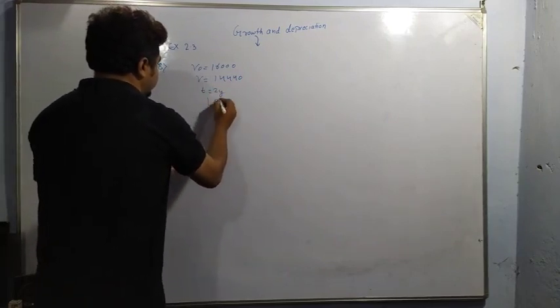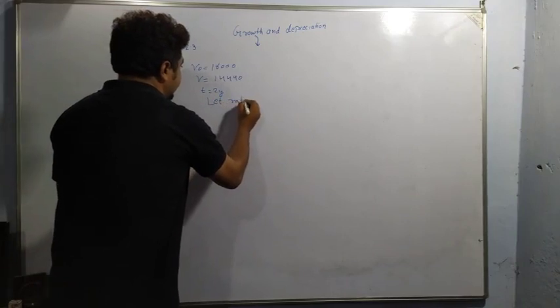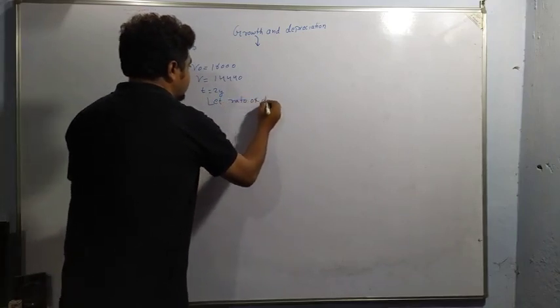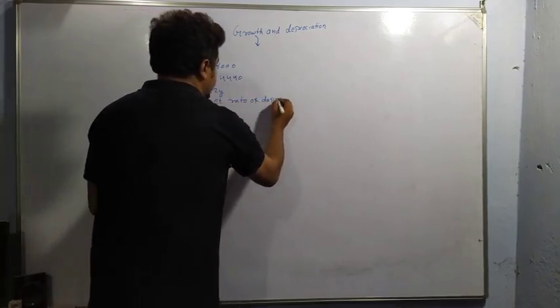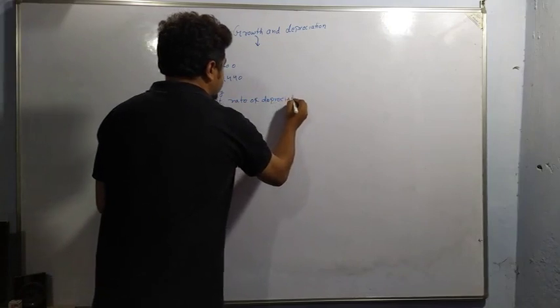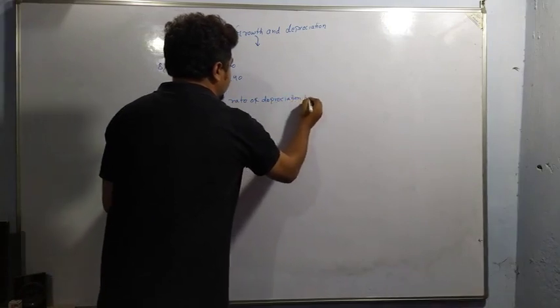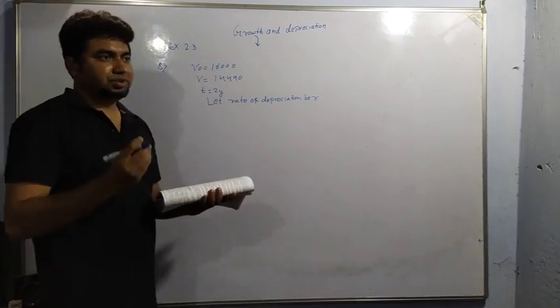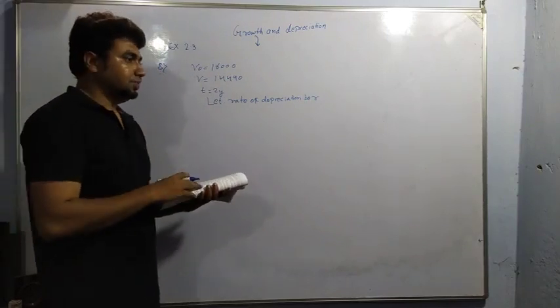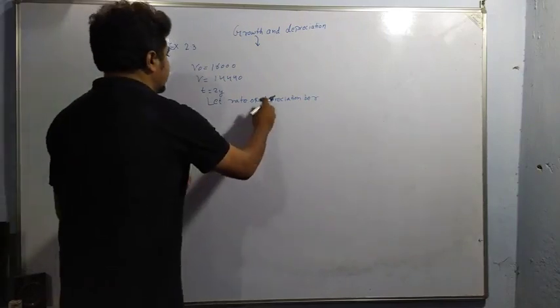Let the rate of depreciation be R. And now we are solving with respect to the depreciation formula. So we have to use minus.